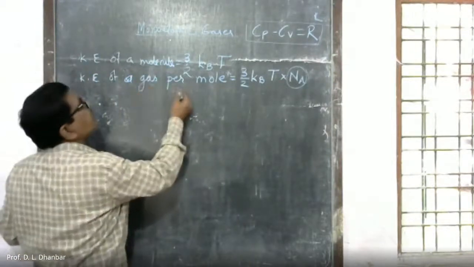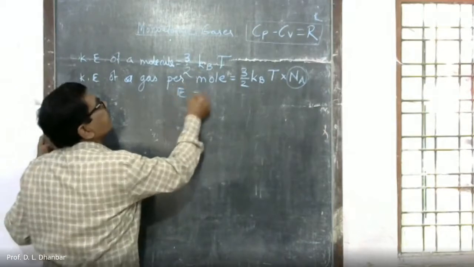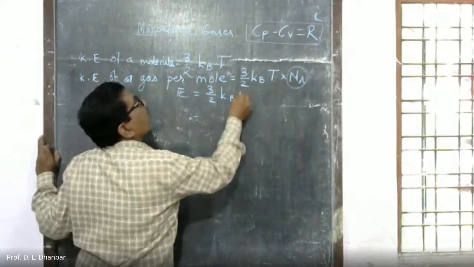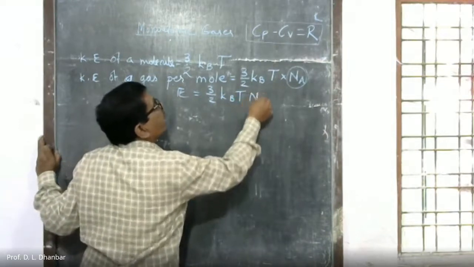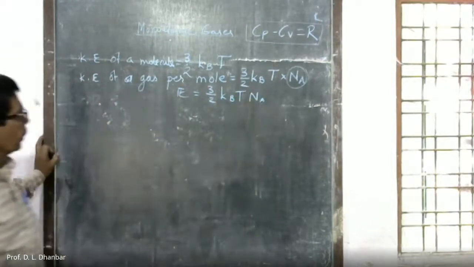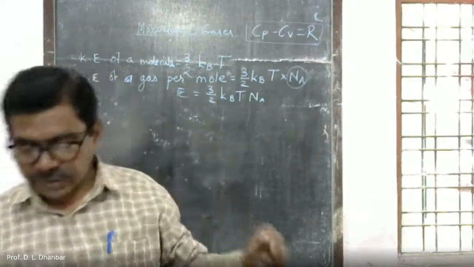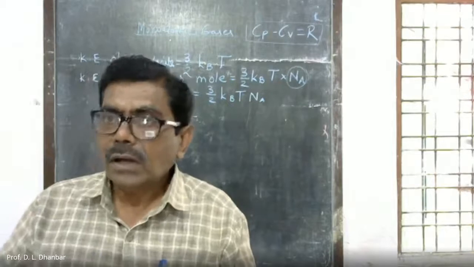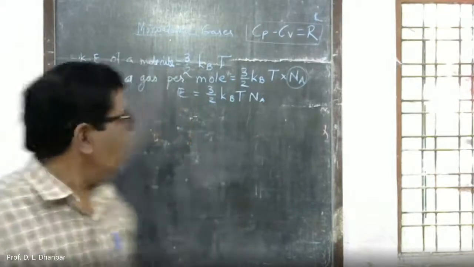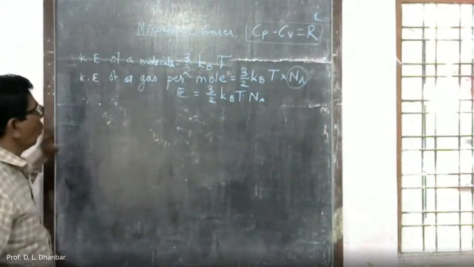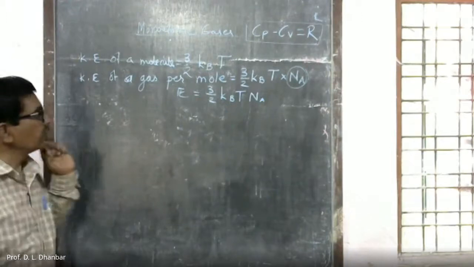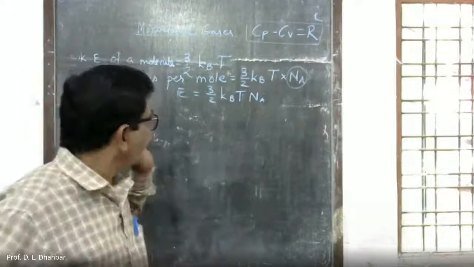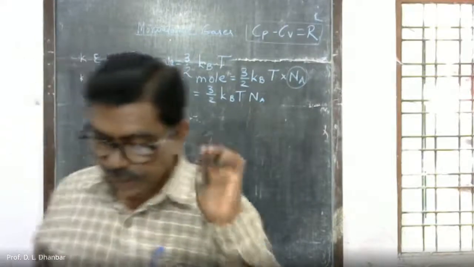This energy is denoted by E. So E is equal to 3 by 2 kB into T into Na. This is the total internal energy of a gas per mole.